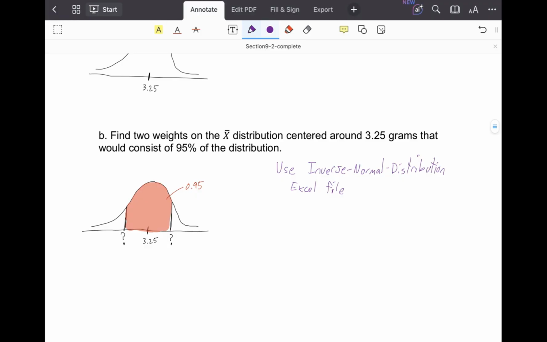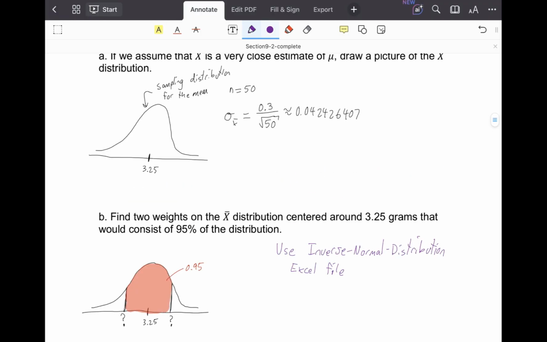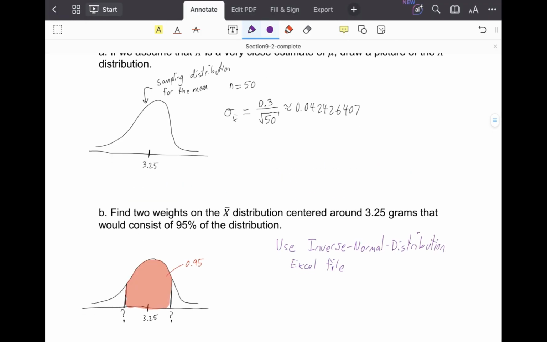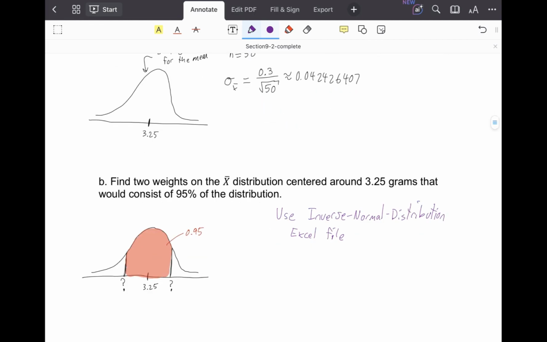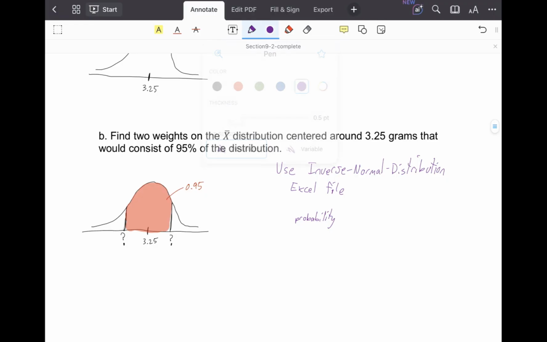And we're going to put the mean and the standard deviation that we have in part A, the 3.25 and this number here. I'm going to plug those in with the probability of 0.95. And it will then give us our upper limit and our lower limit.